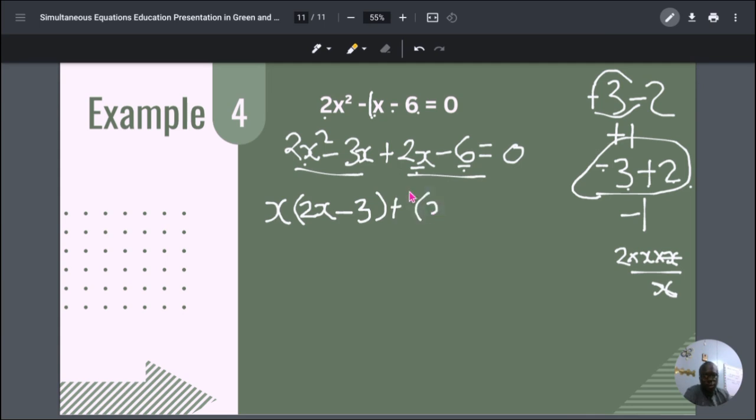Sorry, I have to put the 2 outside. So 2x divided by 2 here will give me x. And minus 6 divided by this will give me minus 3 equals 0.